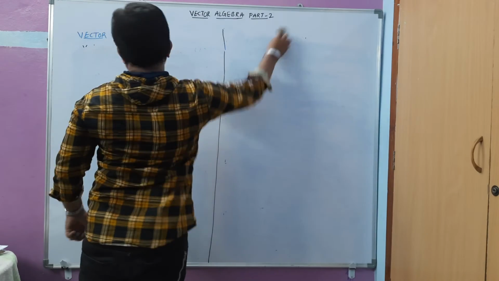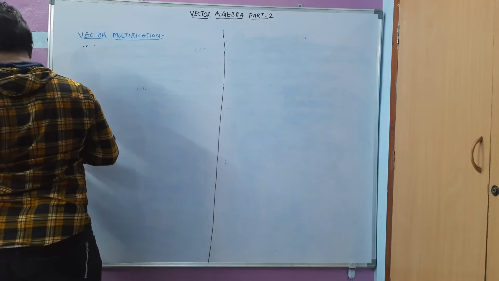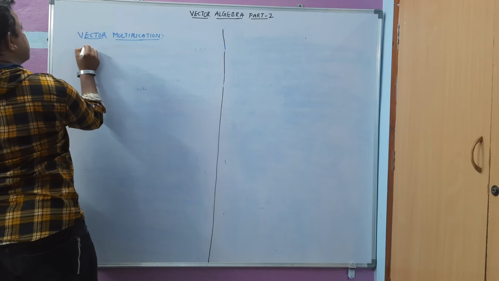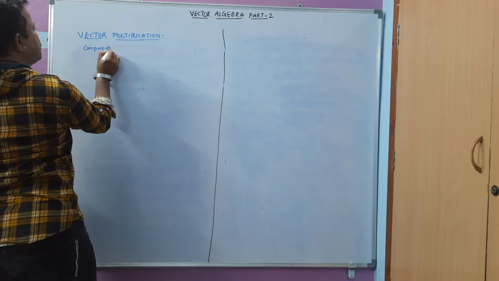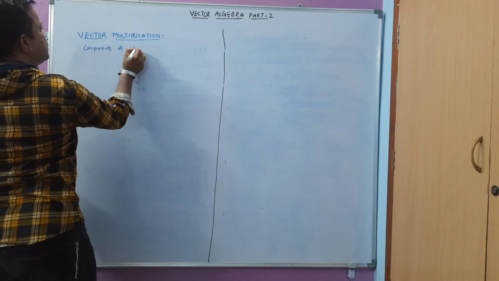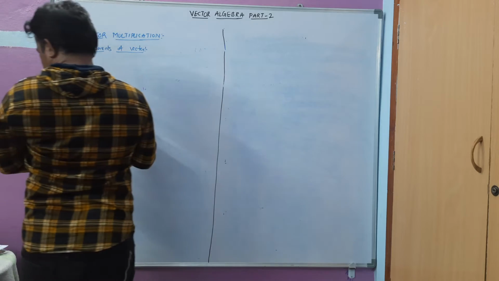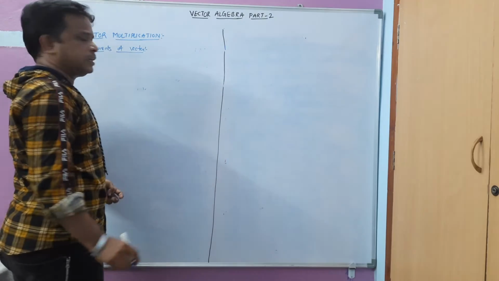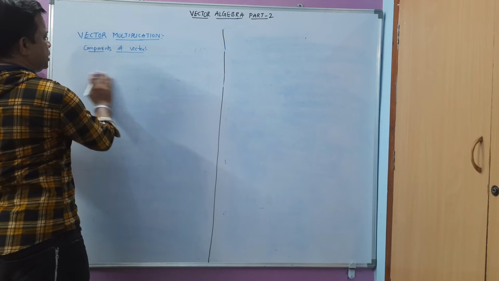Now let me write the last topic of this one, that is components of vector. So after the direct application of vector product, we are going to have the projection. So projection or component both are same.